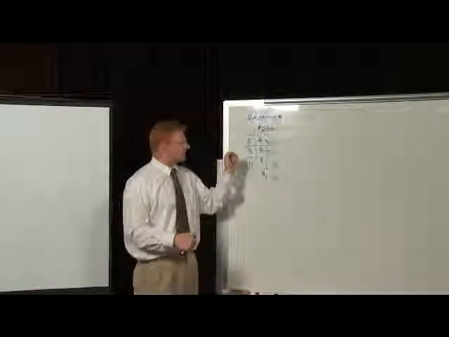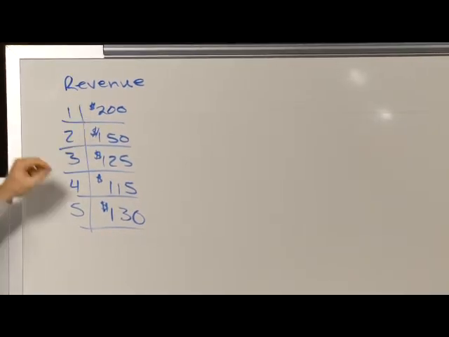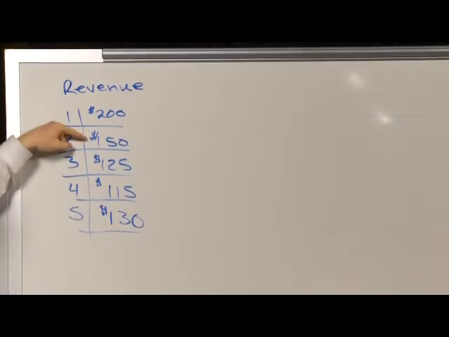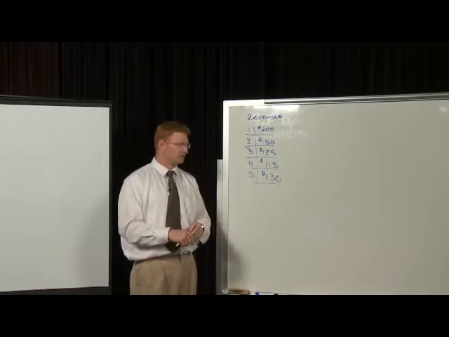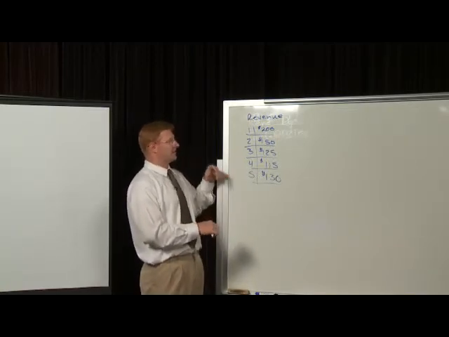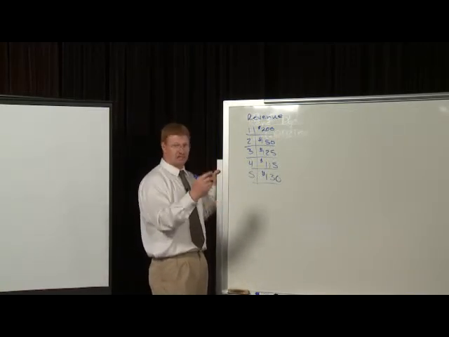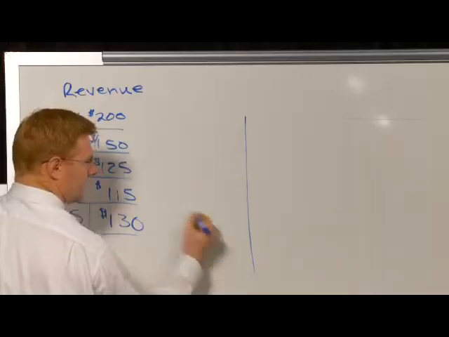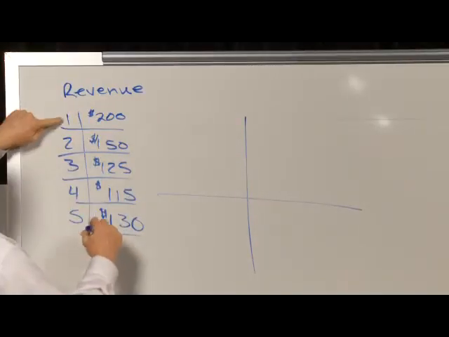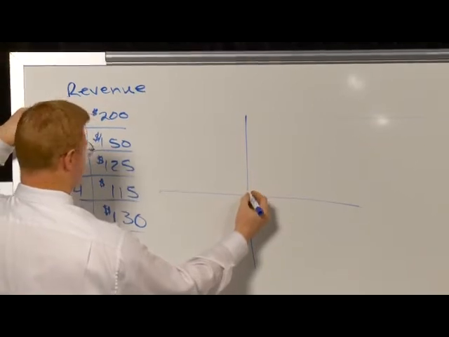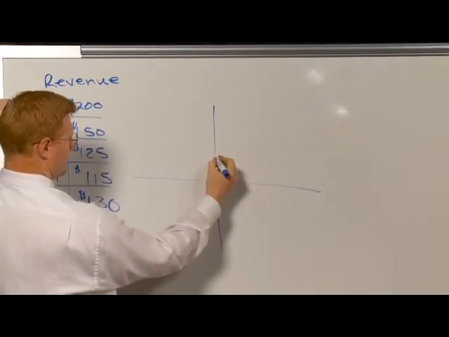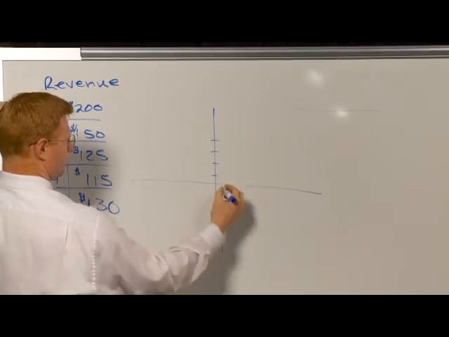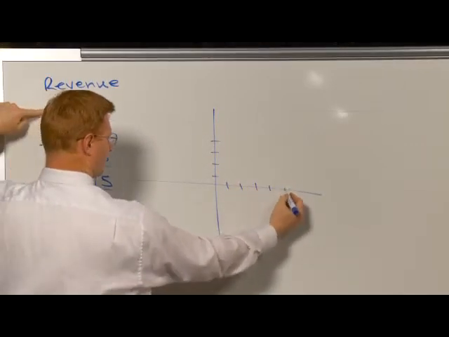Some people are able to look at this and say, oh wow, the gap here is so much bigger than the gap here. We went down so much and down a little bit more. Other people really want to see a visual of what's going on. So this is one of the main advantages to having a coordinate system. When we take and graph these, so the first month, let's put this up here, so we have 50, 100, 150, 200, 1, 2, 3, 4, 5.